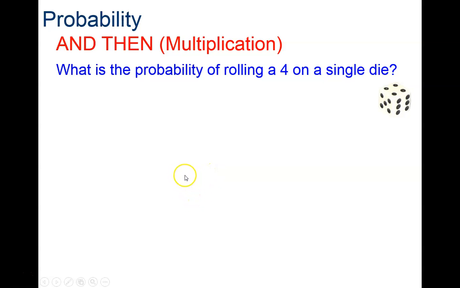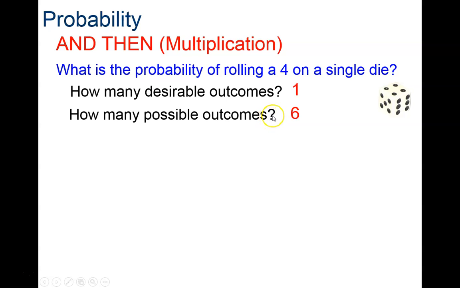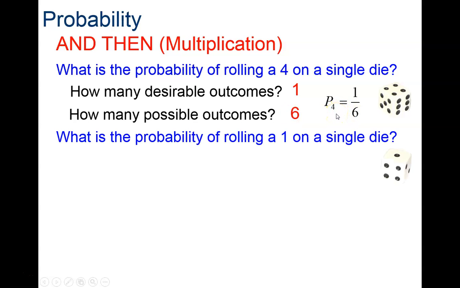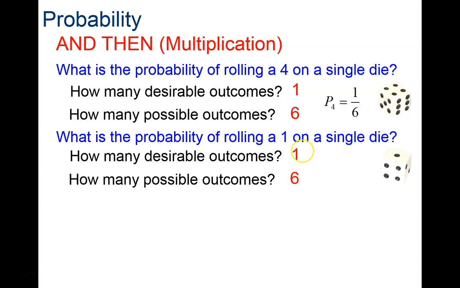So what is the probability of rolling a 4 on a single dice? Well, there's 6 sides, so it's 1/6. What's the probability of rolling a 1 on a single dice? Well, it's going to be the same as rolling a 4. It's 1/6.